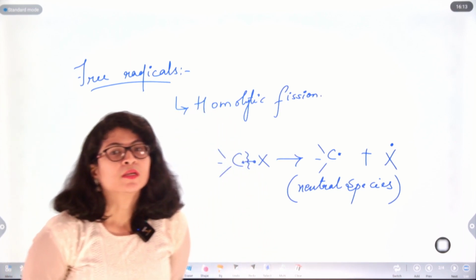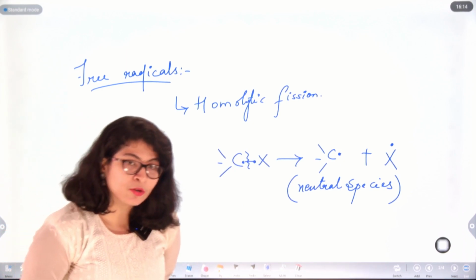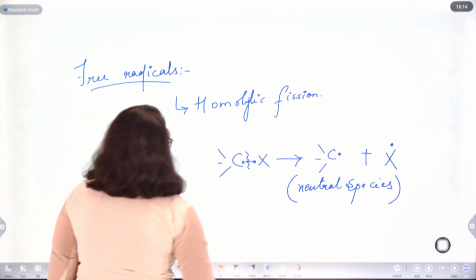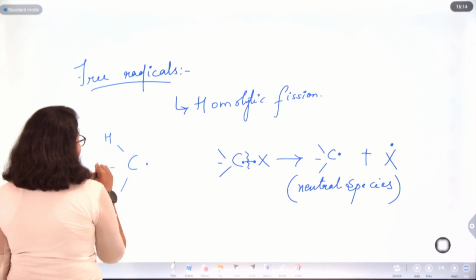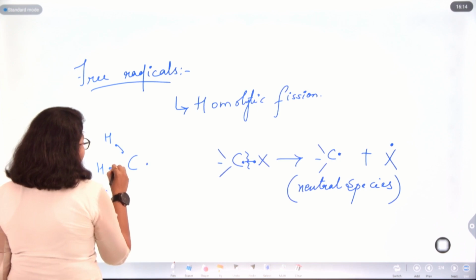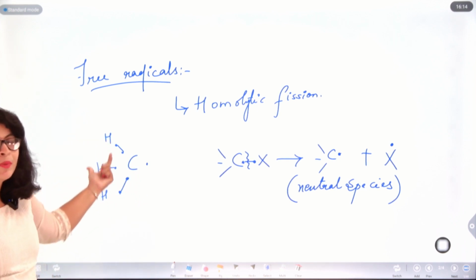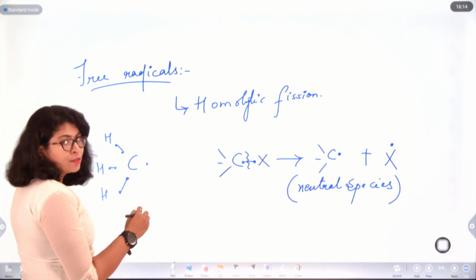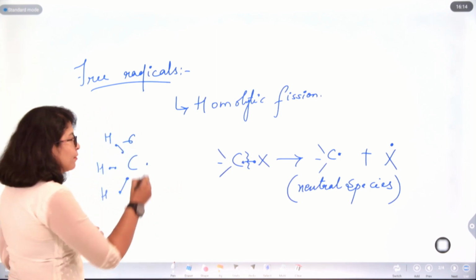See, for an atom to be stable, it has to have 8 electrons in its surrounding or in its outermost shell. Now if I look at this free radical, assuming these all are hydrogen, there is sharing of 2 electrons here, 2 electrons here, and 2 electrons here. So I get 3 pairs of electrons shared, that is around the carbon atom there are only 6 electrons plus 1 unpaired electron, 7.